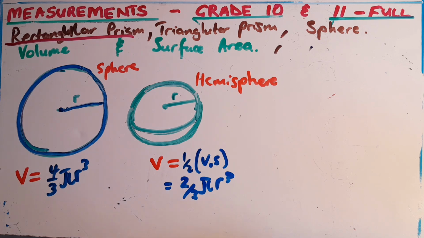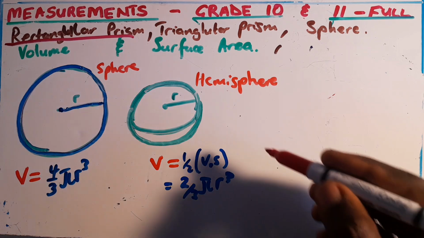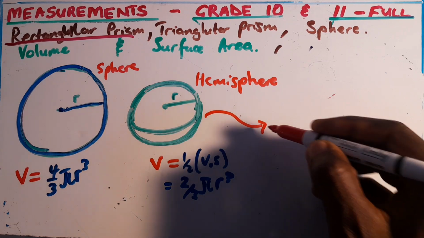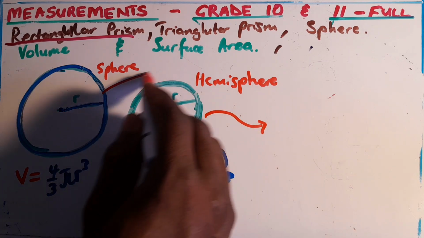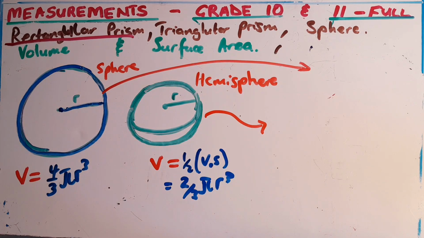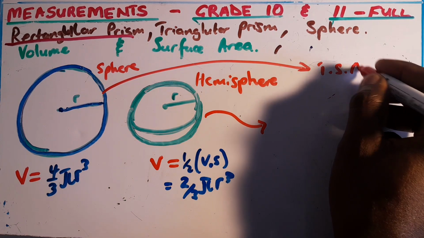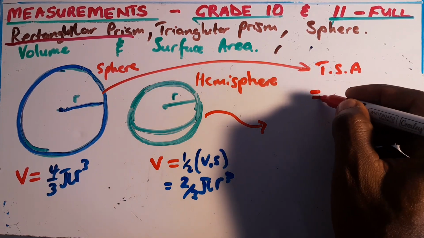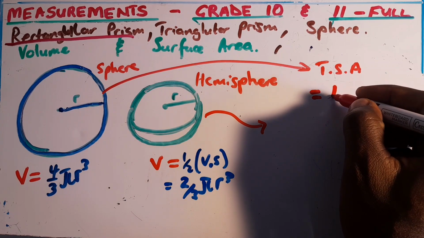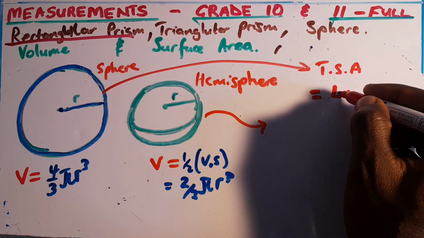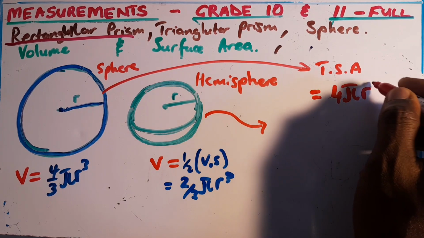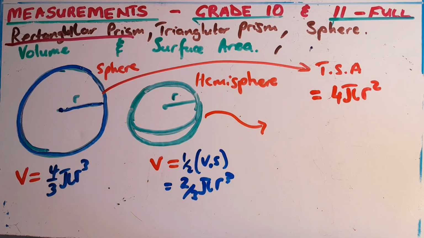And finding the total surface areas of this is also very simple. So let me just do like this. So if you're trying to find the total surface area of that, we just say 4 pi r squared. So we say 4 multiplied by pi, but the radius squared.